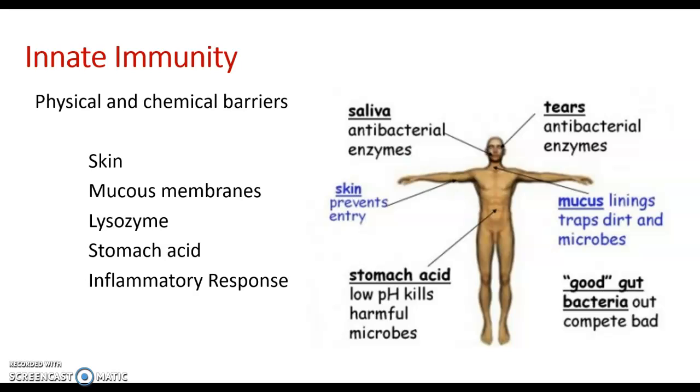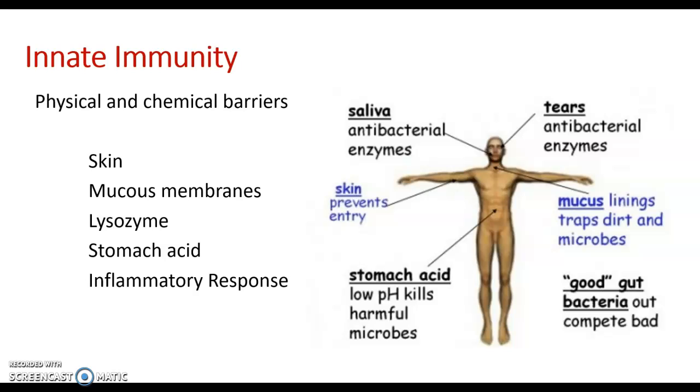So that antibacterial property of our tears heads off any bacteria that might be able to get in through that opening. Stomach acid, which is obviously beneficial to us in breaking down the foods that we eat, is also, as a side effect, going to kill any microbes that are able to get in traveling on our food.